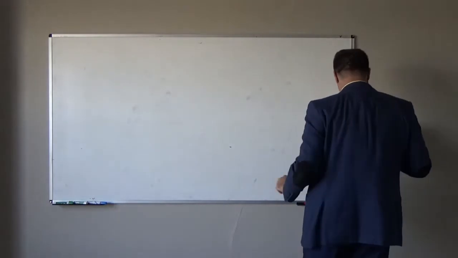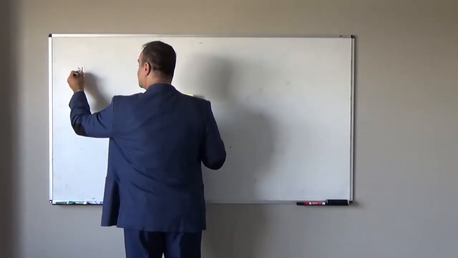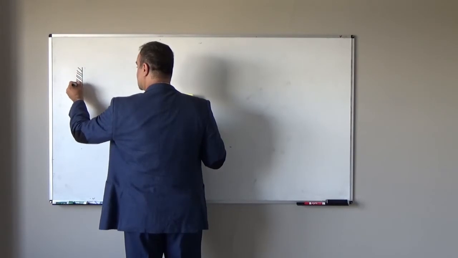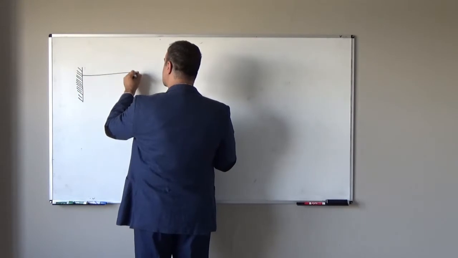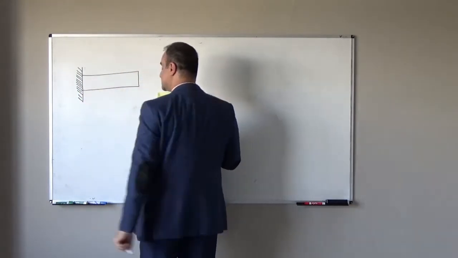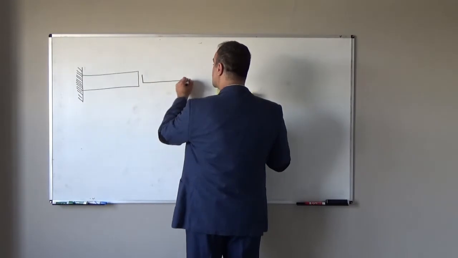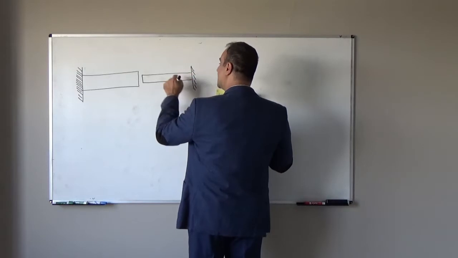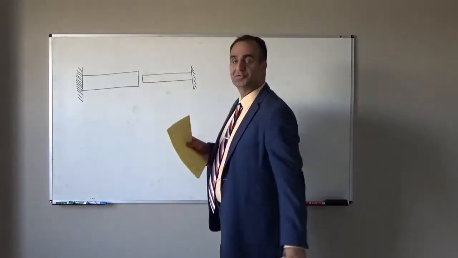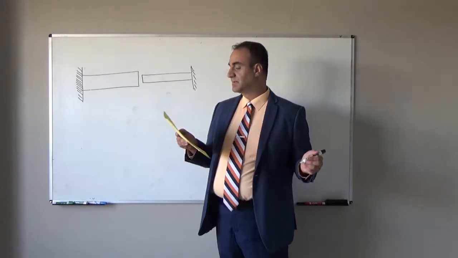Both are made from the same material, so the material properties are the same, and the length is the same. We have two rods. The cross-sectional area is cylindrical in shape, for example.